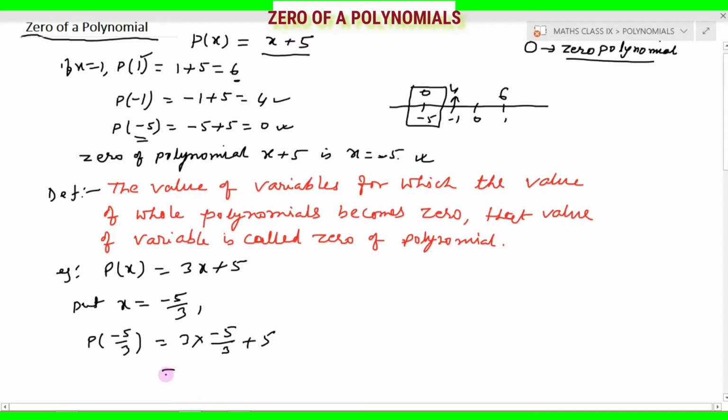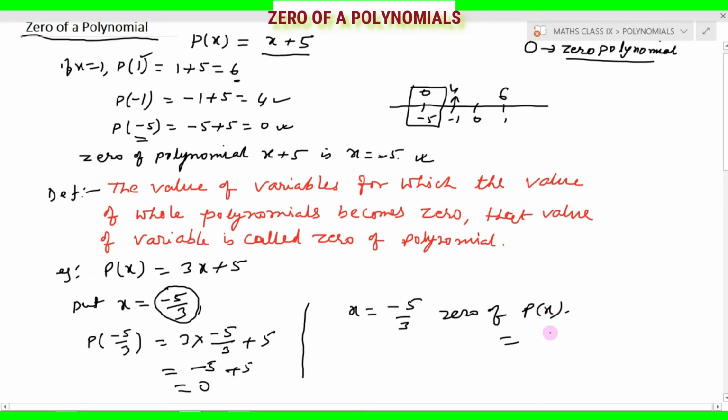The 3 gets cancelled and you get minus 5 plus 5, which equals 0. So when we put x equal to minus 5 by 3, the polynomial becomes 0. So x equal to minus 5 by 3 is the zero of the given polynomial p(x). I hope it is clear and you understood very well what is called the zero of a polynomial.